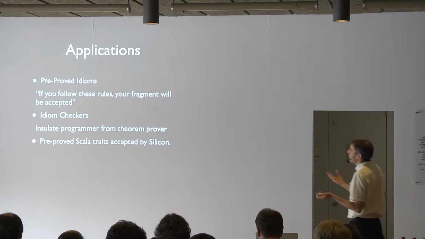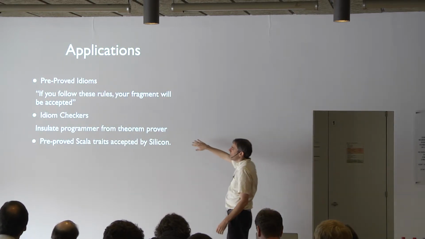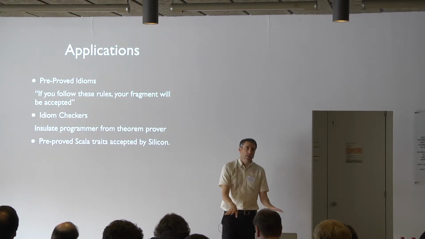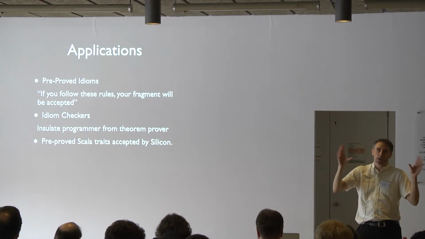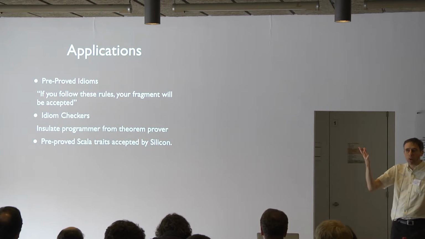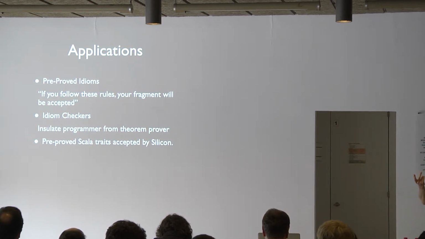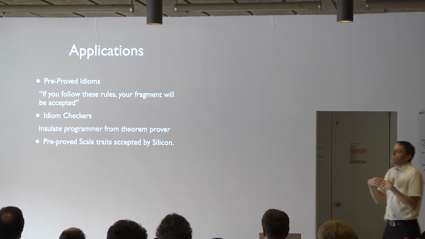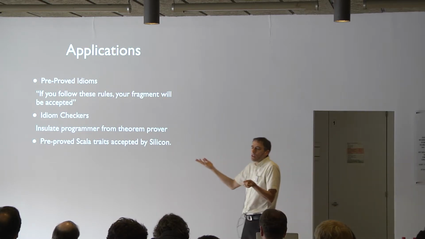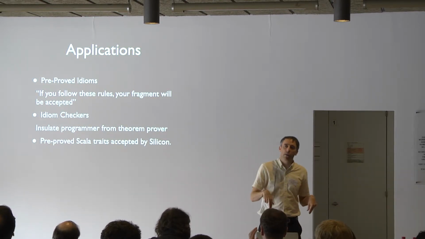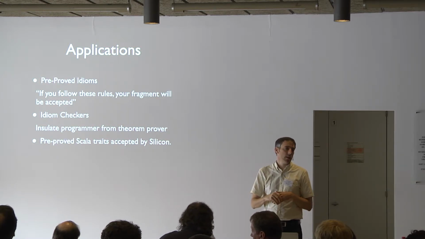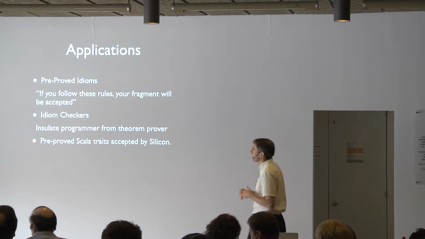And the advantage here is that it insulates the programmer from the theorem prover, or the verification engine underneath. So if there are certain things you know are always going to be safe, then you don't need to worry. The programmer doesn't need to worry about getting errors coming back up. And in fact, if you have an idiom checker that checks that you're actually following those rules, then we can save the time and not even bother calling the verification checker on those things.